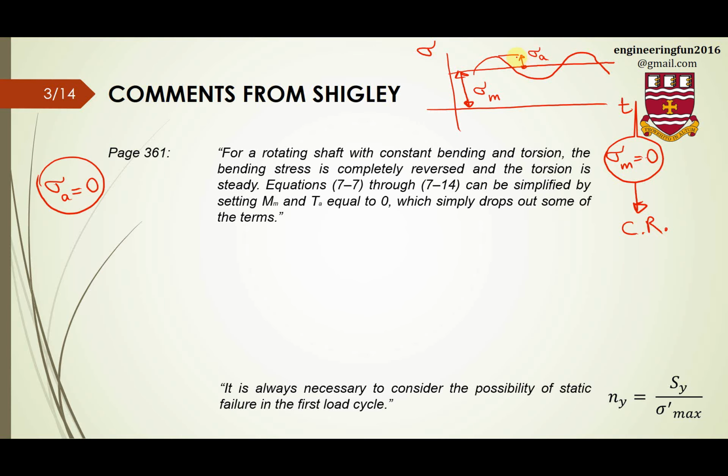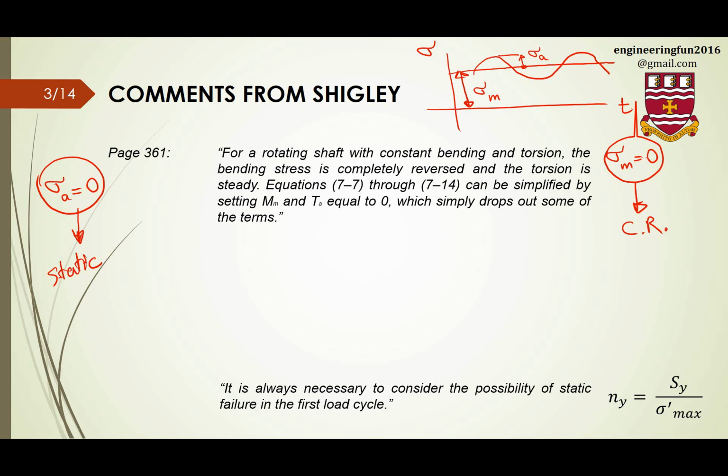When sigma a is 0, it means there is no amplitude for this fluctuation, so our fluctuation is actually a line. In other words, we have a steady load, so in that case our loading is static. We don't have dynamic loading.